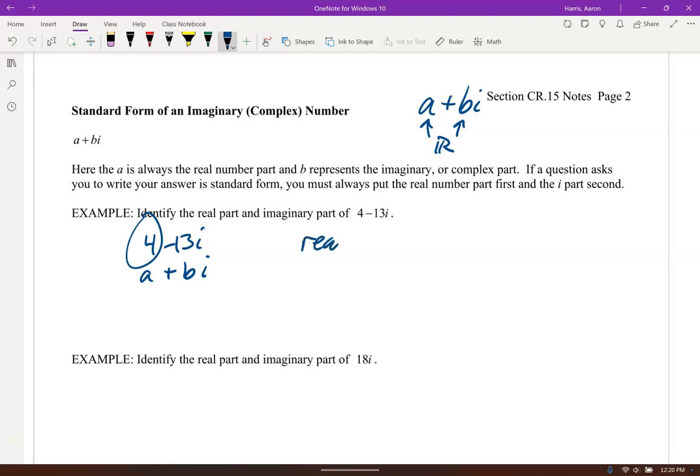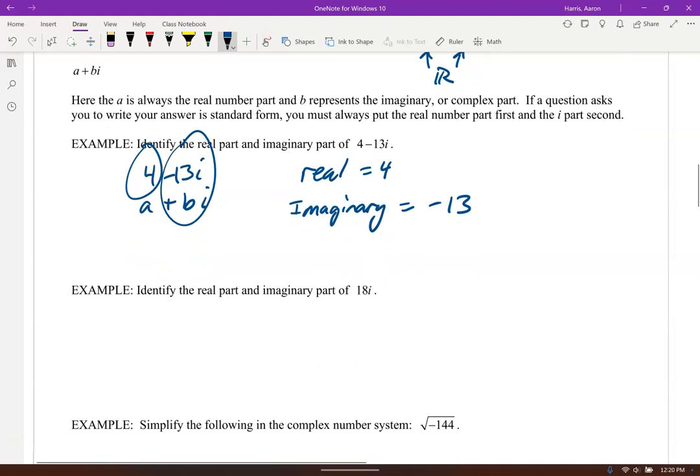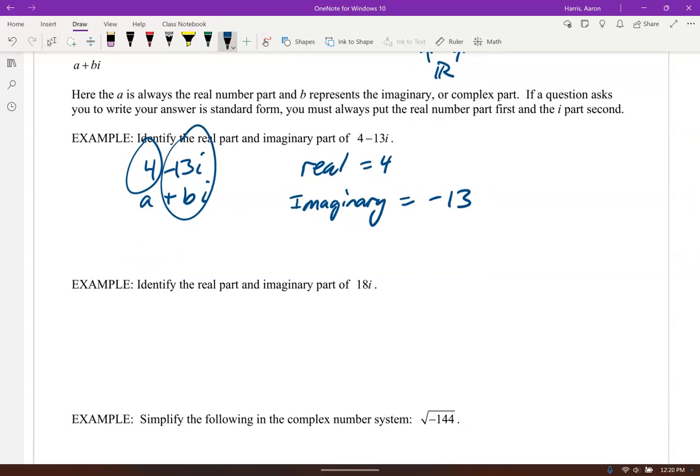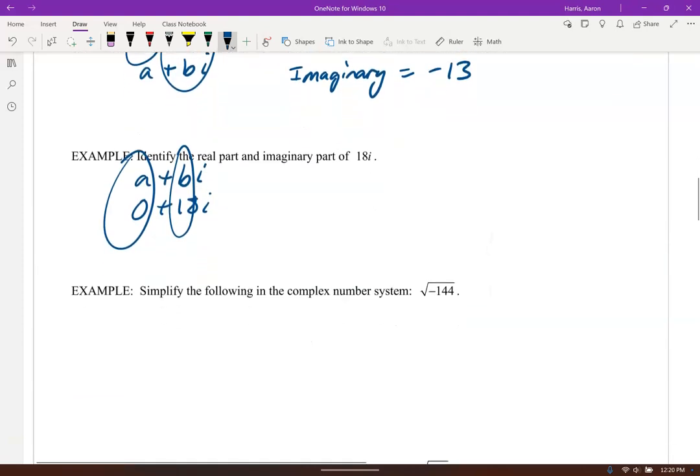The imaginary part, the imaginary number, is the negative 13 part, right? What about 18i? Well, how do you write 18i in that form? Well, that's 0 plus 18i. So here's the real part. There's the imaginary part, 18.